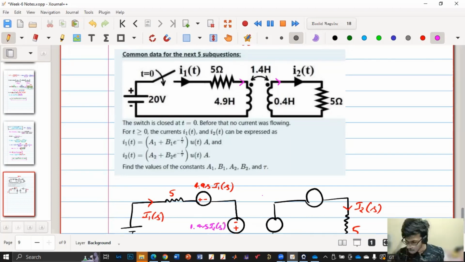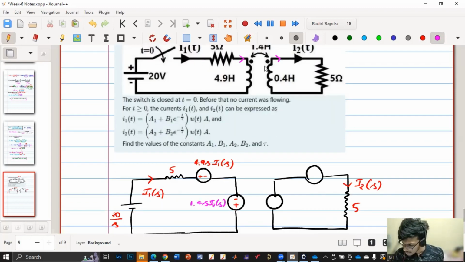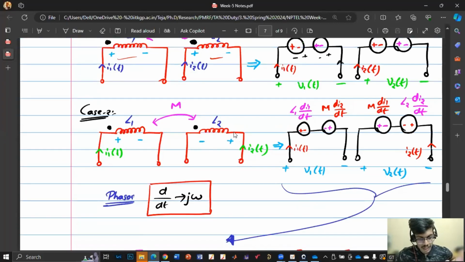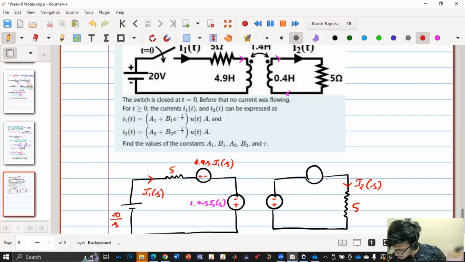Similarly here, whichever terminal the current is entering will be positive. So this is positive, this is minus. If we go back to our previous one, current is entering here, so this is plus, this is minus, and mutual inductance is just the opposite: minus plus, because the polarity is opposite.